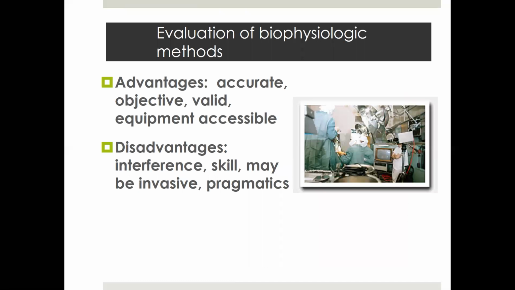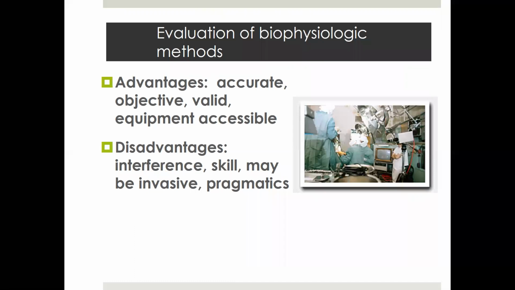There are a lot of different methods that can be used. These biophysical data are usually considered accurate, objective, and valid, and we usually have the equipment accessible to do them. But some people may not perform the measure the same way twice, such as blood pressure.